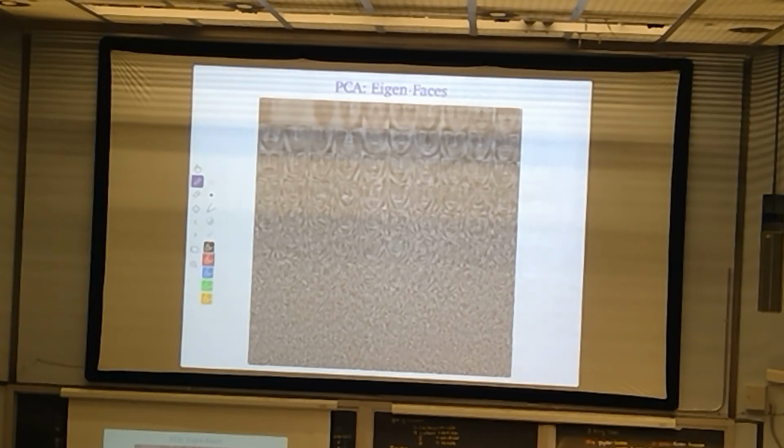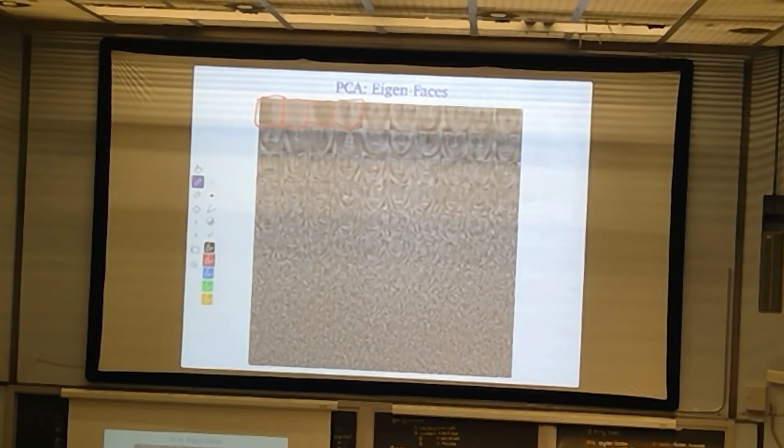You can see this is the first eigenvector, second one, third one, fourth one, all the way ordered like this. What can you tell? The first few eigenvectors tend to go for low spatial frequency variations.